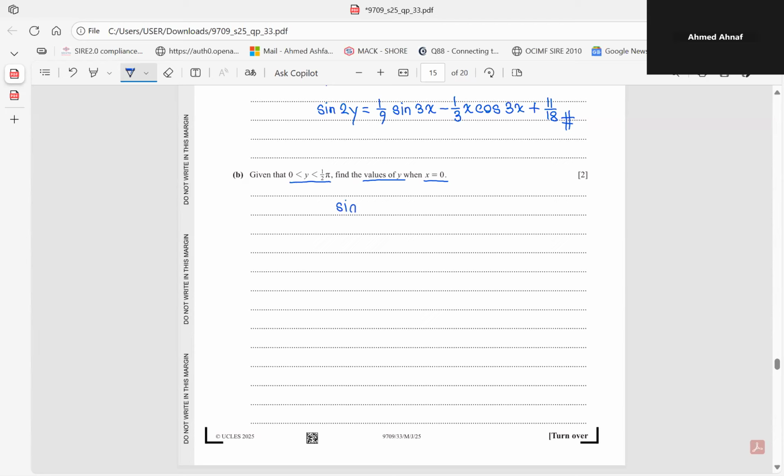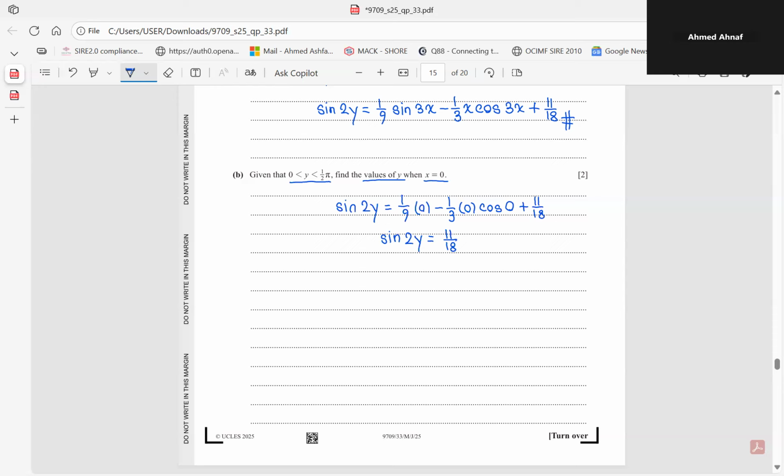You'll get sine 2y equals 1 over 9 times sine 0, which is just 0, minus 1 over 3 times 0 times cosine 3 times 0, plus 11 over 18. Everything is 0, so you just get 11 over 18.